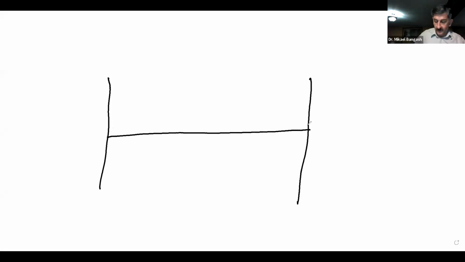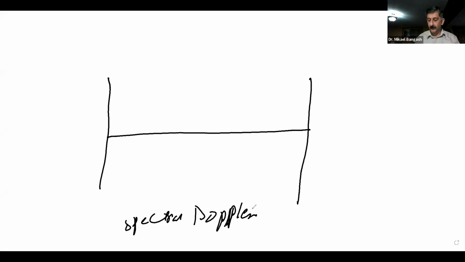And please take a note of this. Nice to say that this is your vector Doppler.